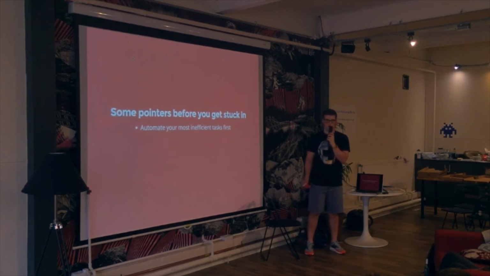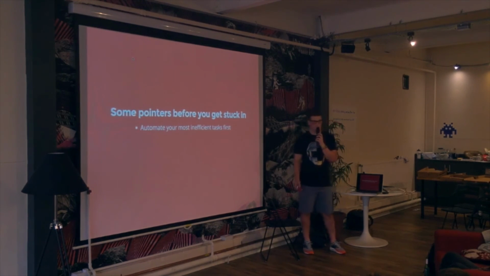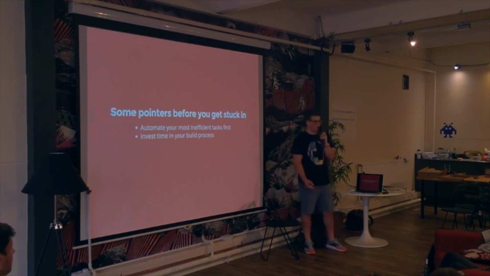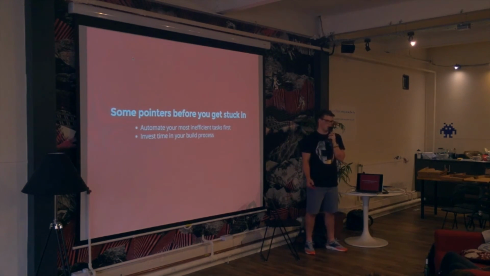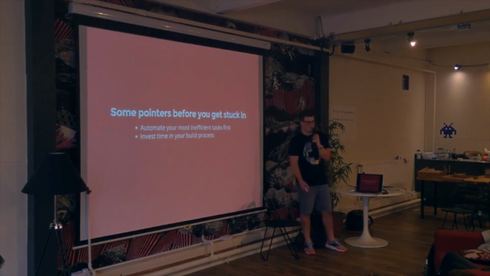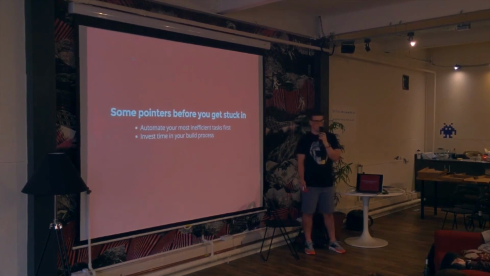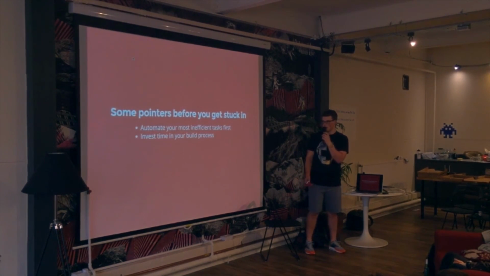The whole point of this is to free up your time so you can better spend it doing more important things, like writing product code or project code. Invest time in the build process. That initial investment of time might take you 3 or 4 hours, but it's going to pay off in the long run when you save all that time. It'll pay you back. If you're working in a team, that time saved will be multiplied, so it's important that you spend time on this build process and get it right for your needs.